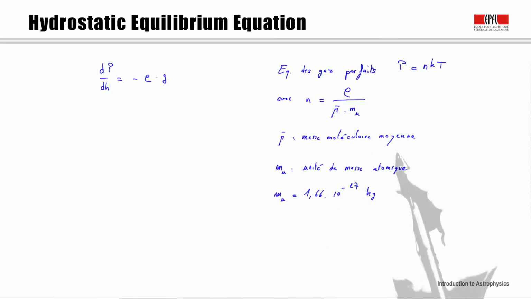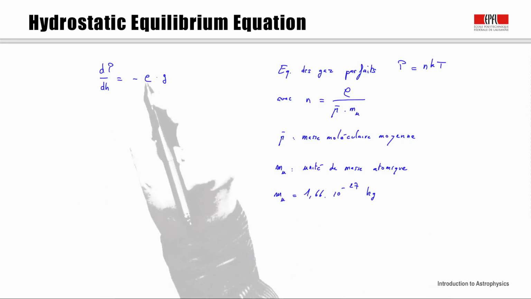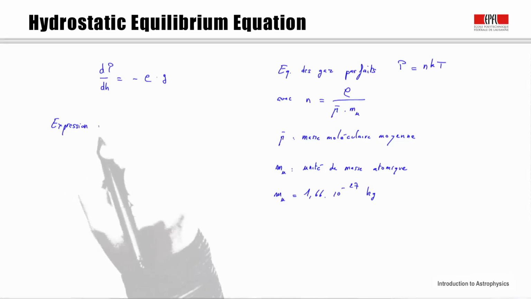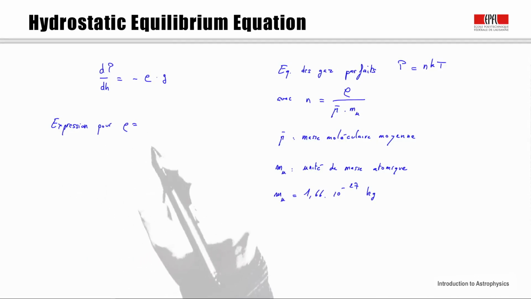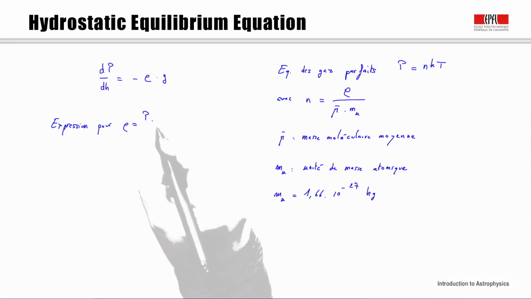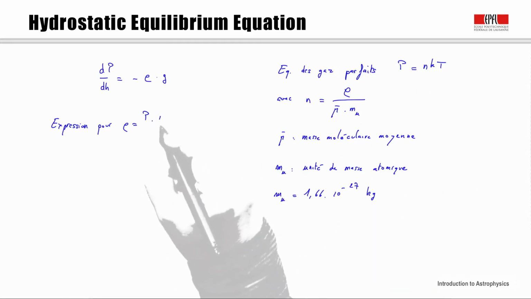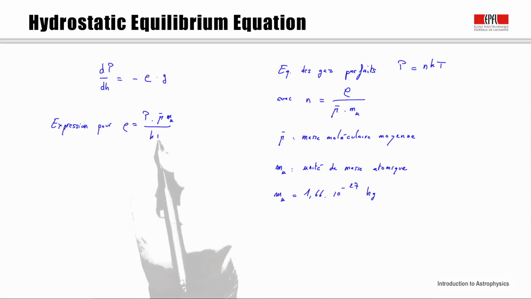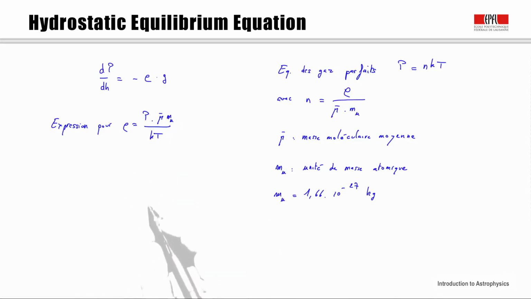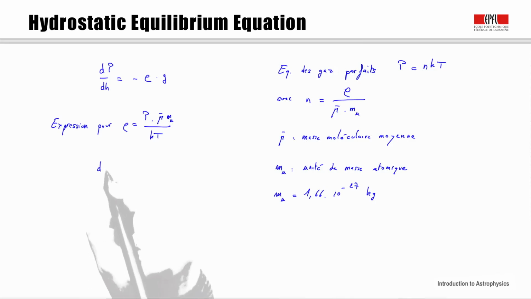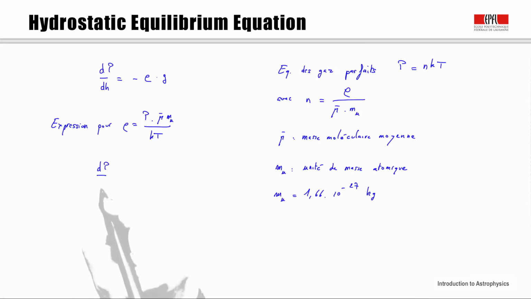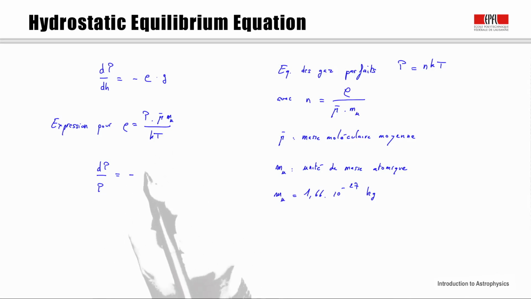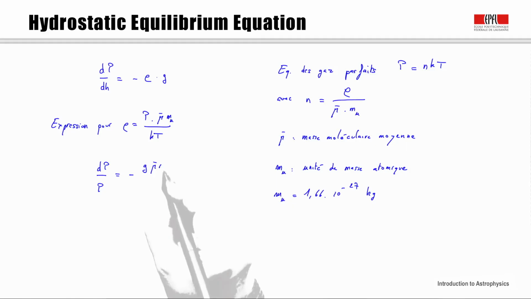Thanks to the ideal gas law, we get an expression for rho by rearranging the terms: rho equals P mu divided by kT, which I plug in the equation of hydrostatic equilibrium to get that dP, not anymore over dh, but over P, equals minus g mu divided by kT times dh.